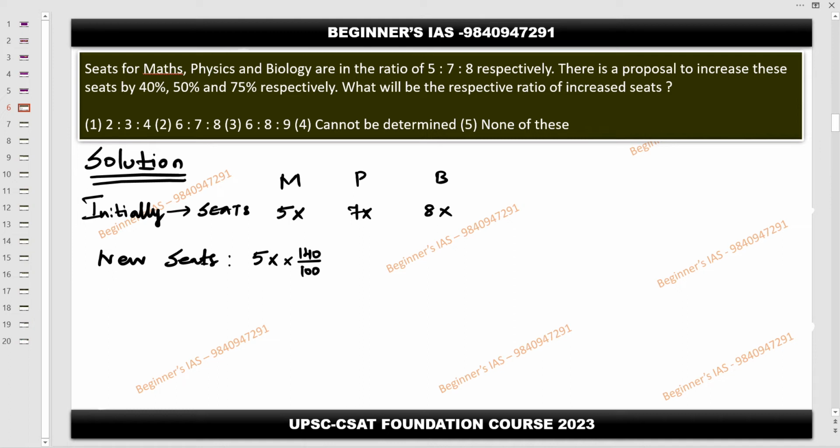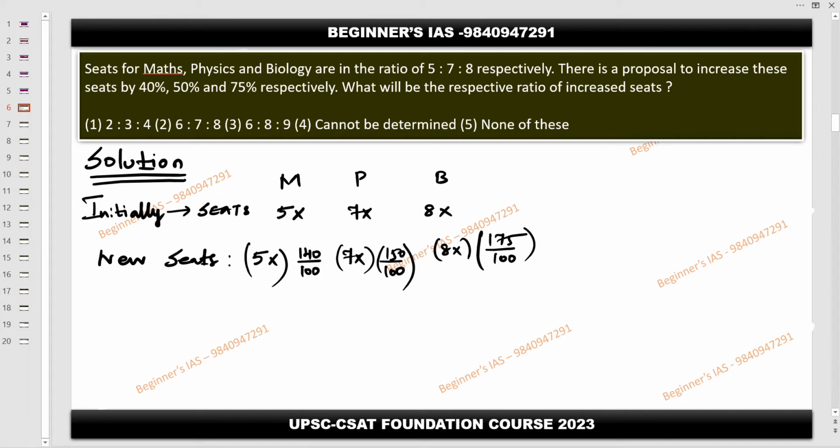Then for physics, 7x into, let us take a bracket here to avoid confusion, 7x into 50% increase, which means 150 by 100. Then for biology, 8x into 75% increase, therefore 175 by 100.